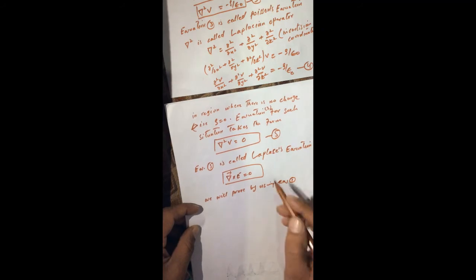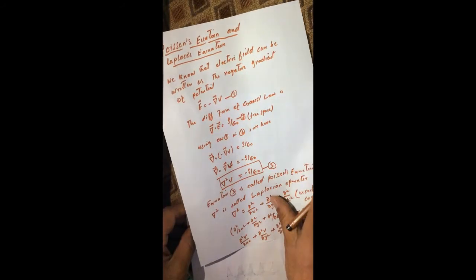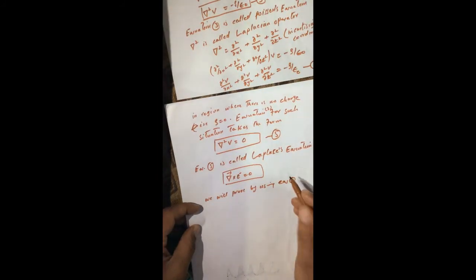Equation 1 is, where is our equation 1? Equation 1 is this one: E is equal to minus del V. Like the electric field is the negative gradient of the potential.